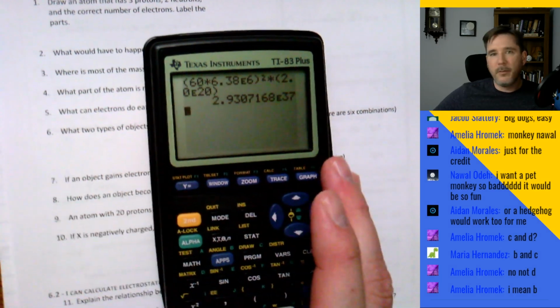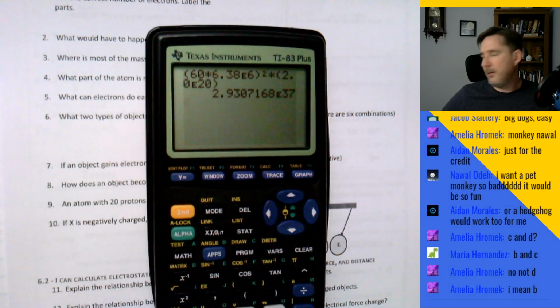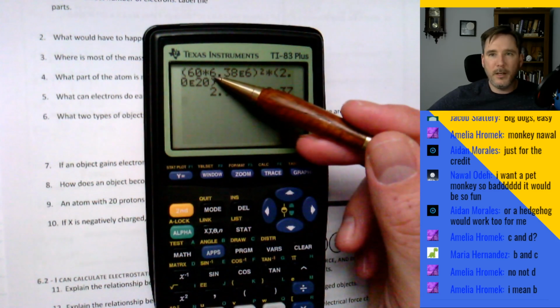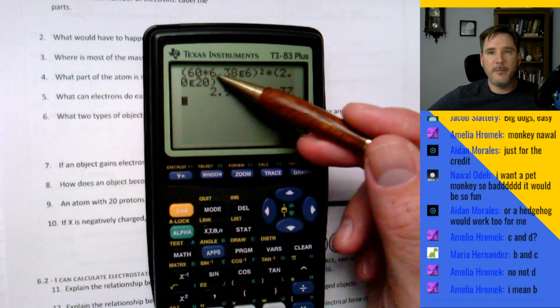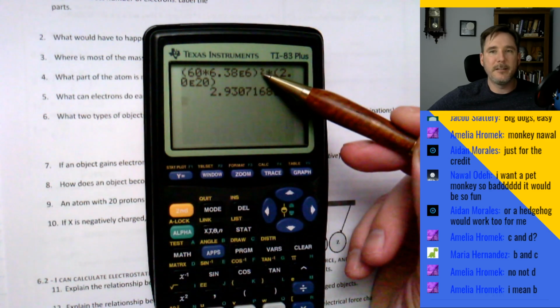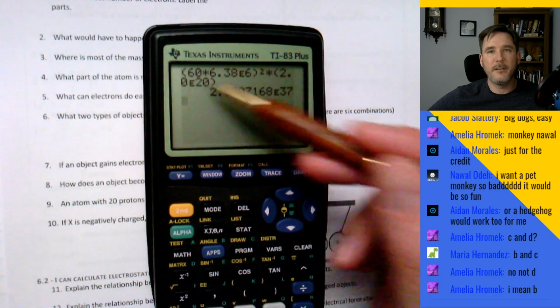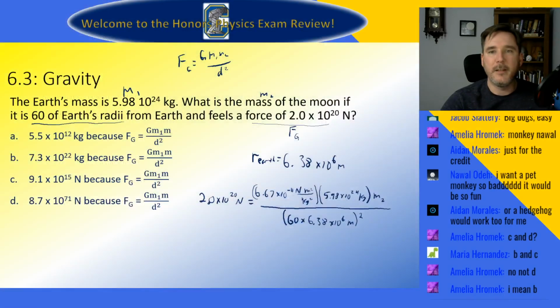So that's what I got when I took 60 times the Earth's radius. I squared that, that's my distance, and I multiplied that by the force, 2.0 times 10 to the 20th. That's all I did, because I basically used this equation and multiplied both sides.